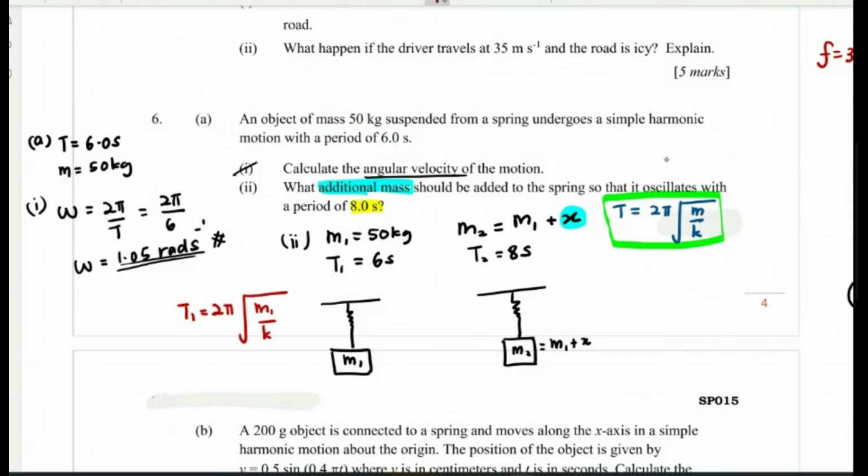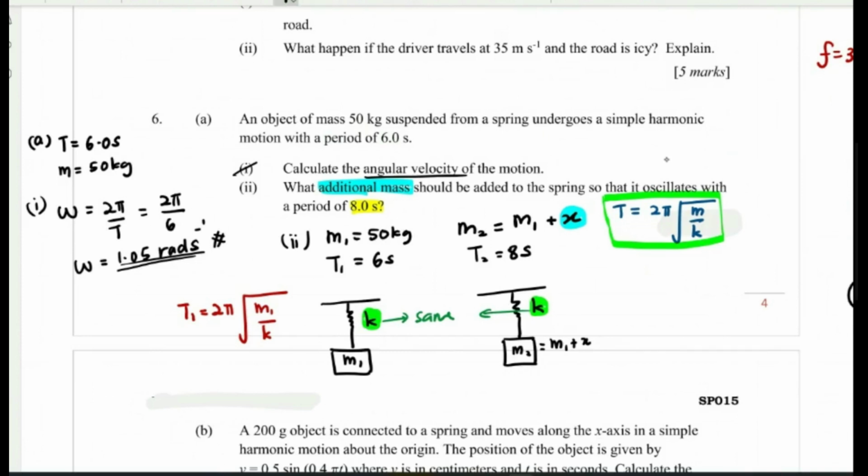Saya nak tanya awak, spring constant untuk M1 dengan spring constant dekat M2 sama tak? Sama, madam. Okay, pandai. Sama. Sebab dia spring yang sama. Okay. Same value. Sebab dia tak cakap pun dia tukar spring. Dia masih spring yang sama. Okay.